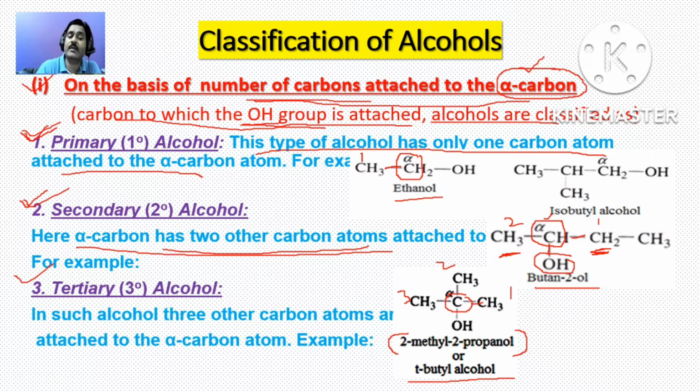If it is combined with two other carbon atoms, that is called a secondary alcohol. If three carbon atoms are combined with the alpha carbon atom, that is called a tertiary alcohol, or third degree alcohol. Now, another basis of classification of alcohols is the number of hydroxyl groups. Let's see.